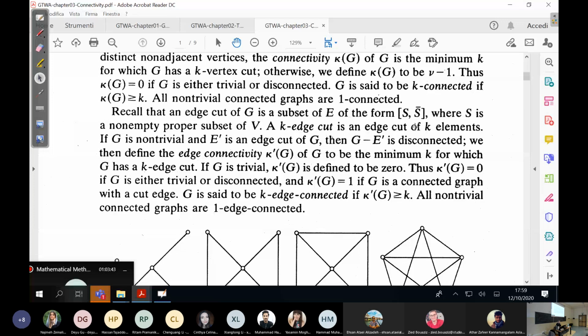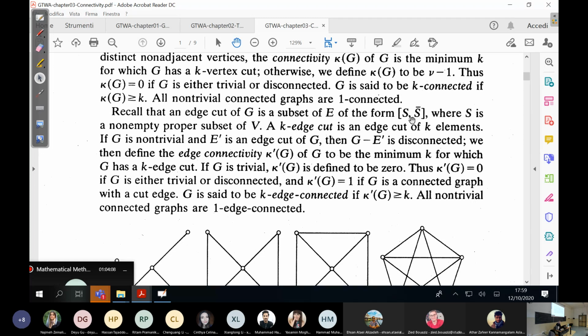Okay? And here, what do we have? S a non-empty proper subset of V, S bar the complement, meaning all the other vertices. So here we have a certain set of vertices, and here we have all the other vertices. None of those has to be empty, okay?